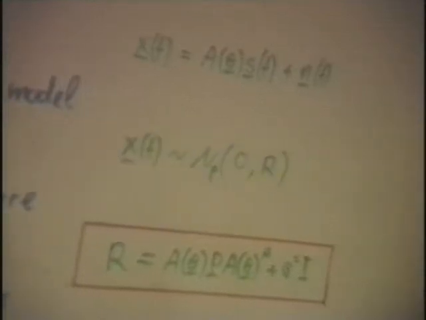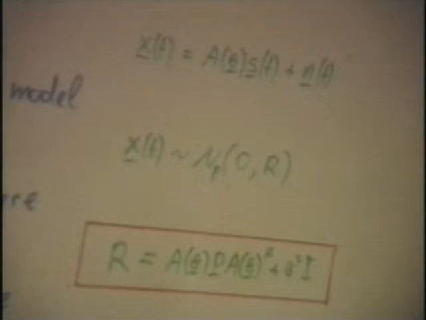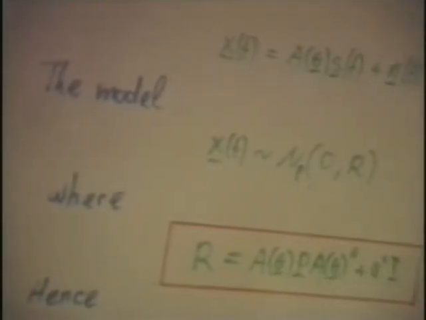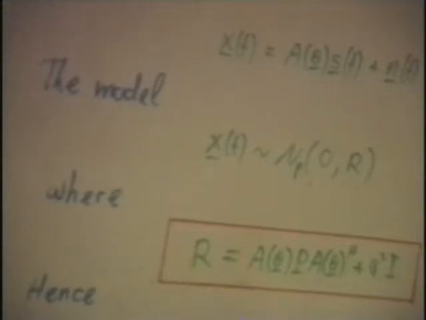If this is the probability distribution, then because by assumption the samples x at different times are independent, the probability distribution of the data, big X, is simply given by this product.